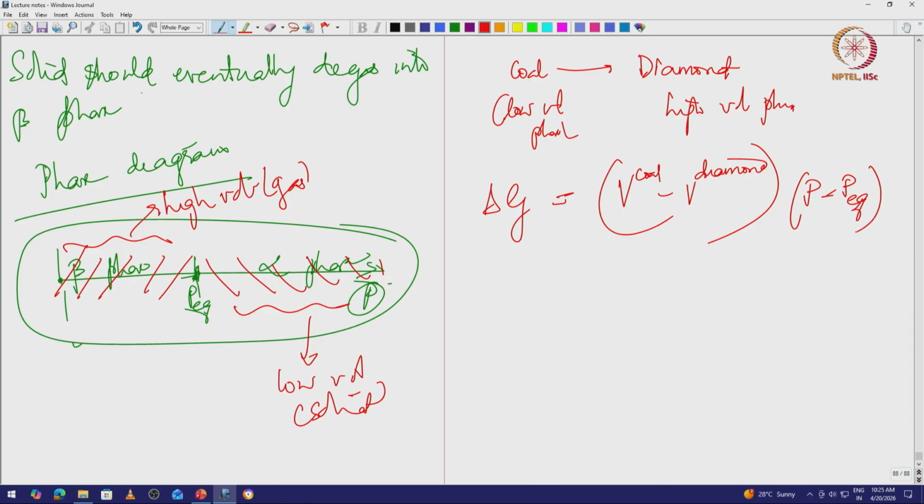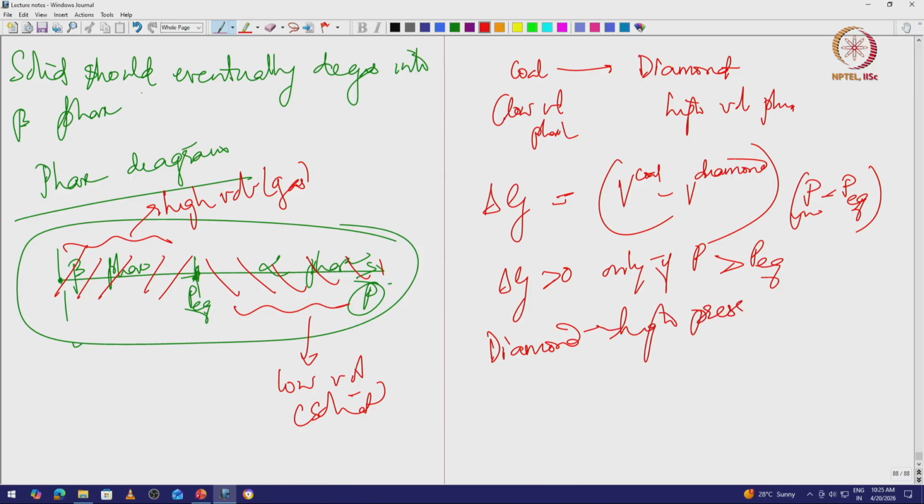Delta G is positive only if P is larger than P equilibrium, which means diamond turns out to be a high pressure phase. Let us say some P equal to 200 GPa is the pressure I should apply to form diamond, though I do not really remember.